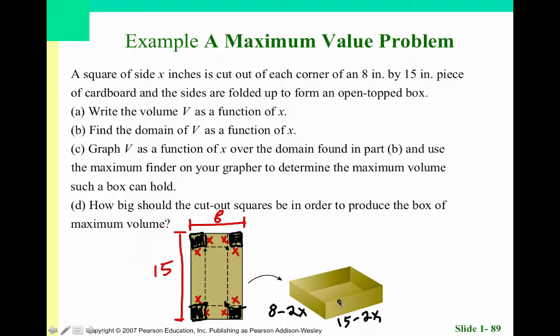And then how high is the water, mama? X units high, yeah? Because we fold this up. So here's my bottom, 15 minus 2x, front 8 minus 2x, side 15 minus 2x, back 8 minus 2x, and then these sides are now x units high.